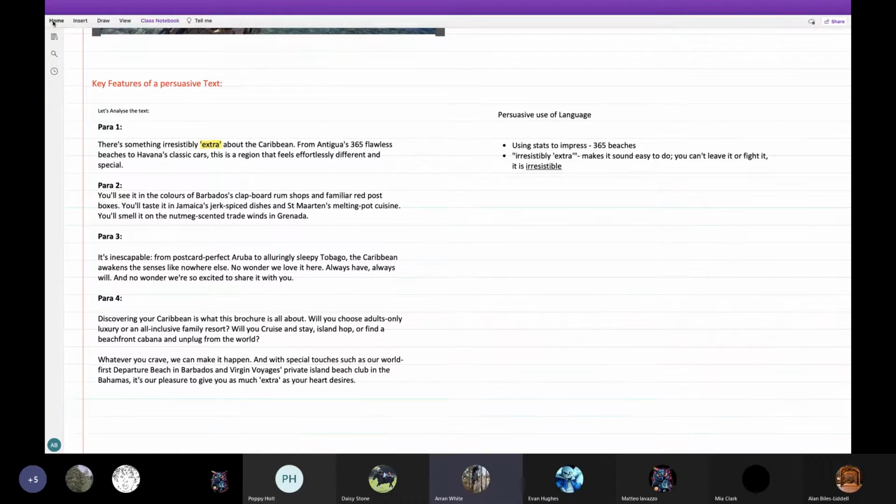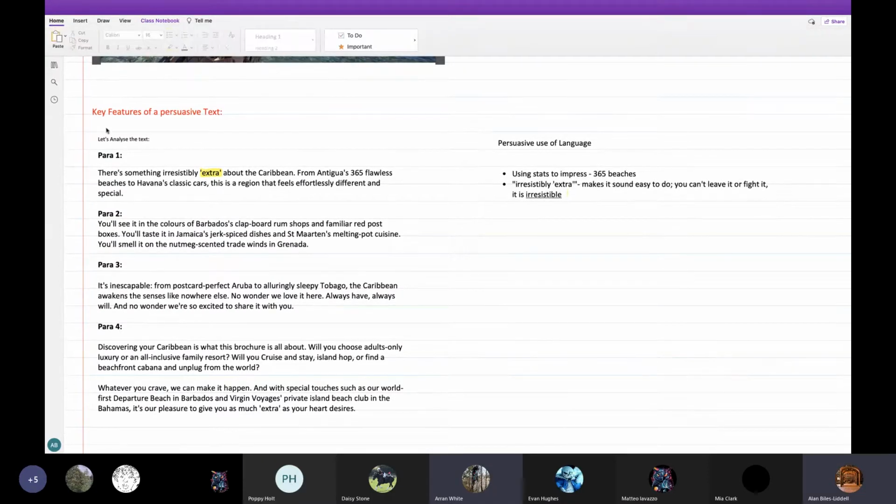What was the question? The question is, as I've highlighted it there in yellow, why do they put inverted commas round that word extra? To kind of make it sound like a quote almost, so it kind of sounds better. It could be a quote, or what else could it be?